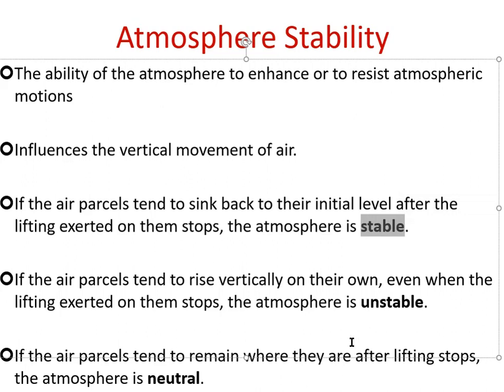If the parcel of air is moving vertically on its own, and after exerting some pressure it will not stop, then it is an unstable atmosphere. If the air parcel tends to remain where it is, not moving up or anywhere, then it is a neutral stability of the atmosphere. So these are the three classifications of the stability of the air.